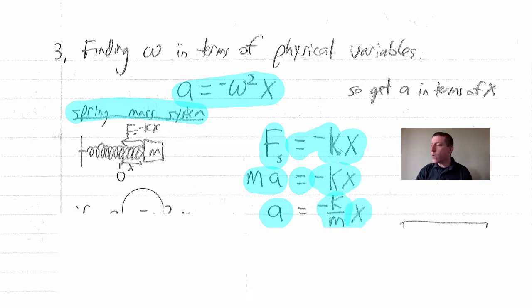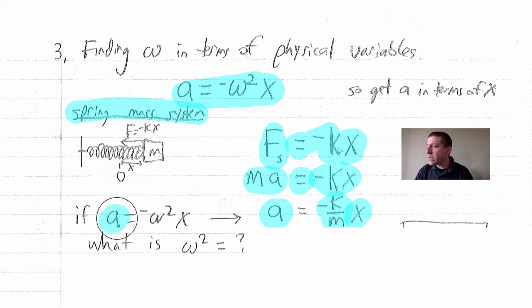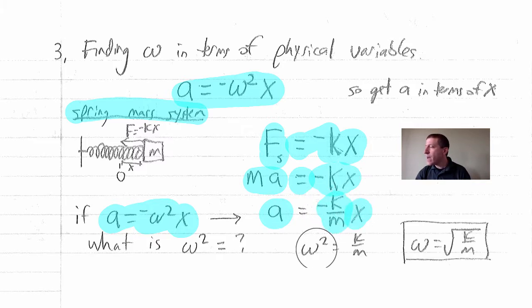So that tells us right away that if this is an equation for simple harmonic motion in which a is equal to negative omega squared times x, what is omega squared? Well, just look at this. It's whatever is multiplied, negative something multiplied by x, so omega squared must be k over m.